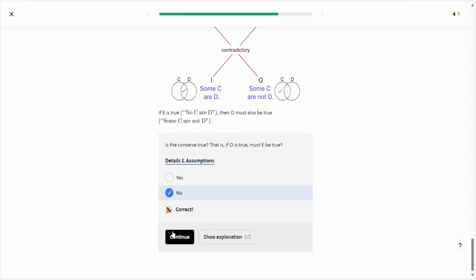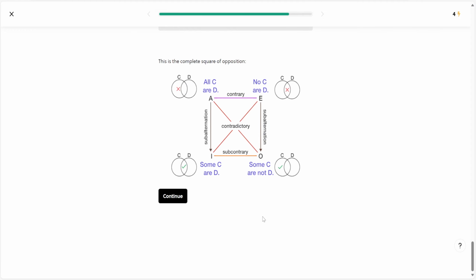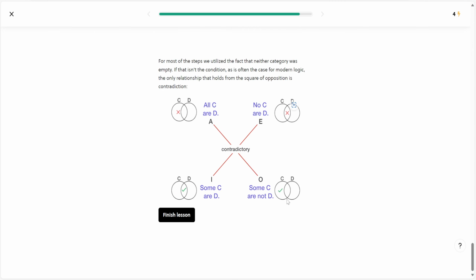Right, okay. This is the complete square of opposition: subalternation, subcontrary, contrary, contradictory. Okay. I'm absolutely never going to remember that. Oh dear.